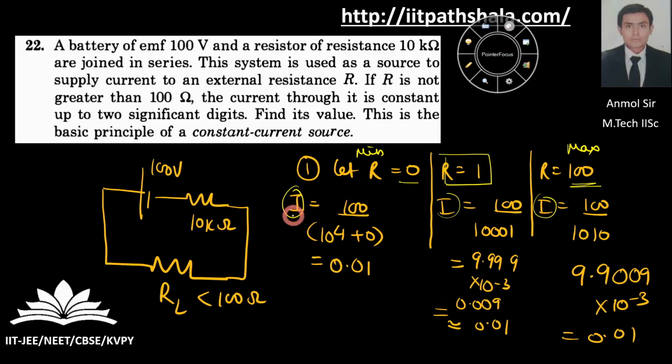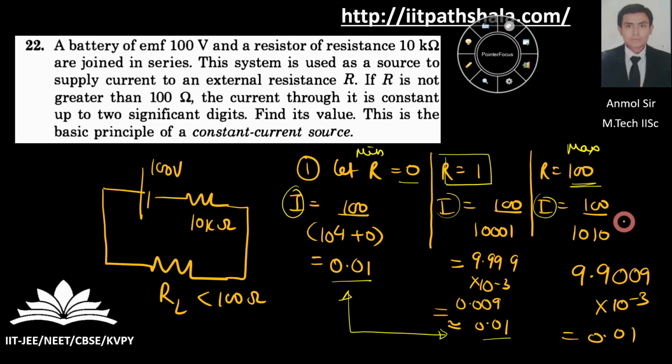For the first one it came out to be directly 0.01, where my load resistance was 0. Now when I took R equal to 1, I was getting 0.009. After simplifying or rounding off, I was getting 0.01, the same as my first case.